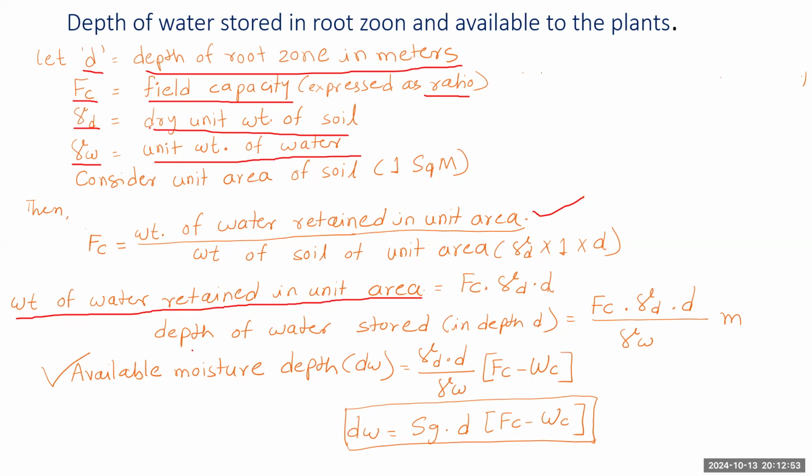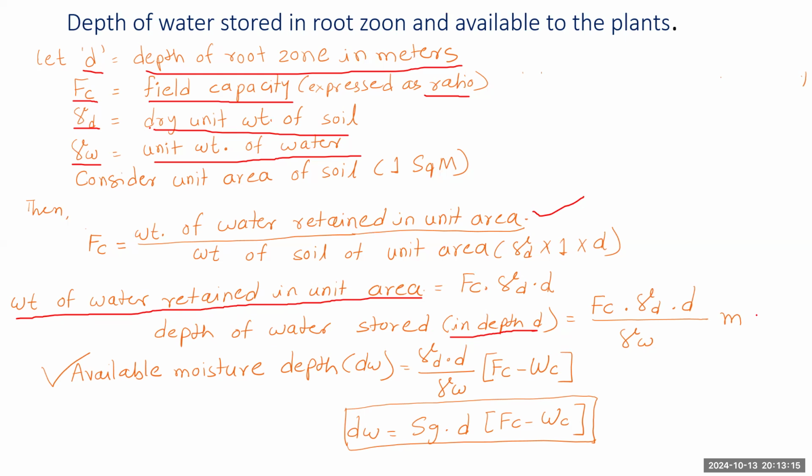And hence the depth of water stored in root zone depth D is given by the formula FC into gamma D into D upon gamma W, and this is in meters.